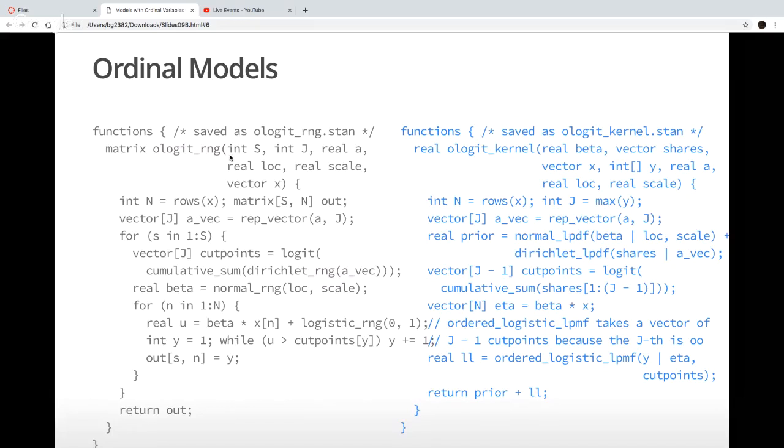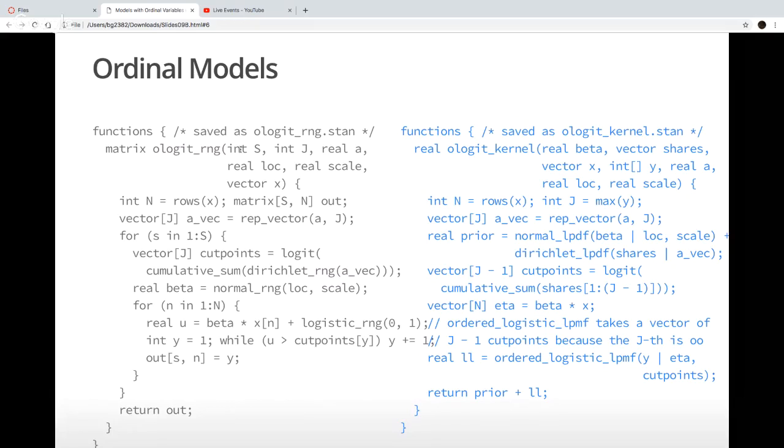So we need to take in an integer for the number of simulations, and an integer J for the number of categories that the outcome is measured in. J should be an exogenous known if you're the person doing the survey, or even if you're the person reading the documentation of the survey, that should be something that is fixed.